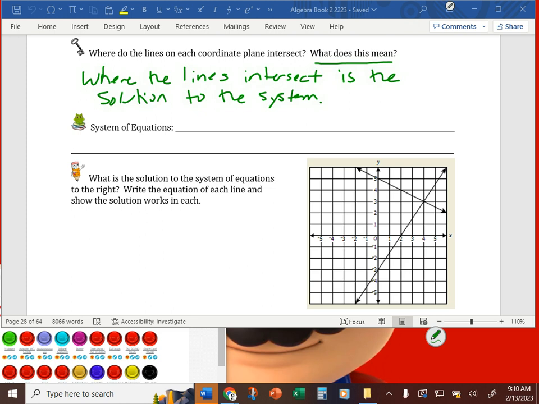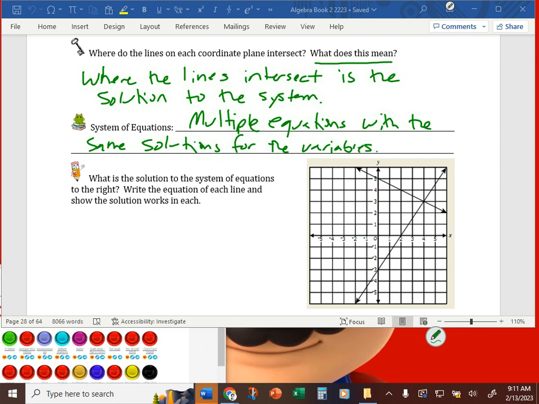Okay? So a system of equations, we can define it as multiple equations with the same solutions for the variables.